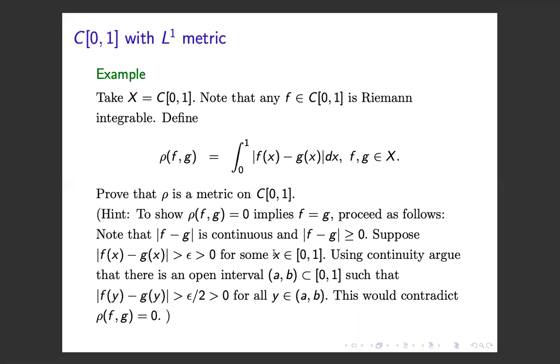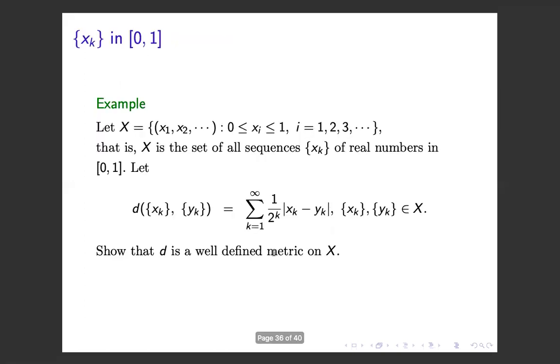As a matter of fact, later on you will see that C[0,1] will sit as a subspace in a somewhat bigger space. For the next example, you take all sequences of real numbers which are between 0 and 1, including of course 0 and 1. So this is the space of all sequences in [0, 1].